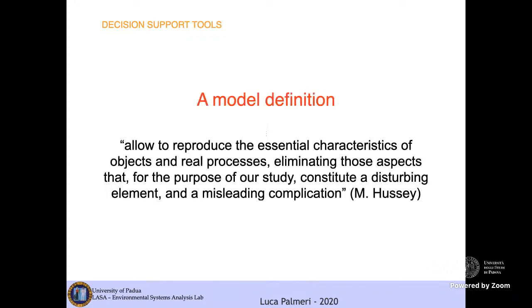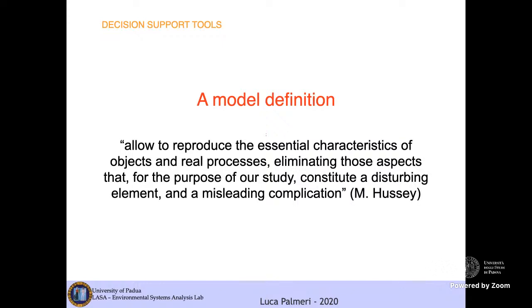What is a model? A model allows us to reproduce the essential characteristics of objects and real processes, eliminating those aspects that, for the purpose of our study, constitute a disturbing element and a misleading complication.